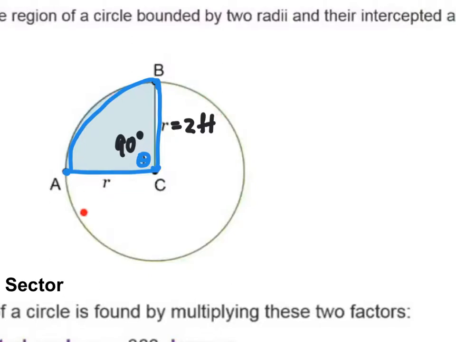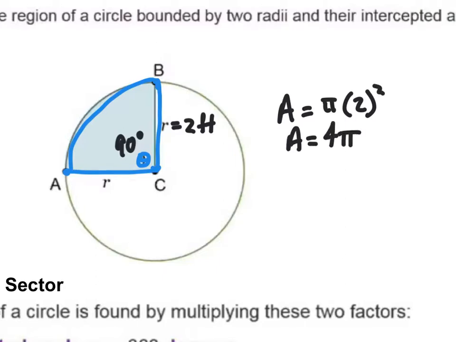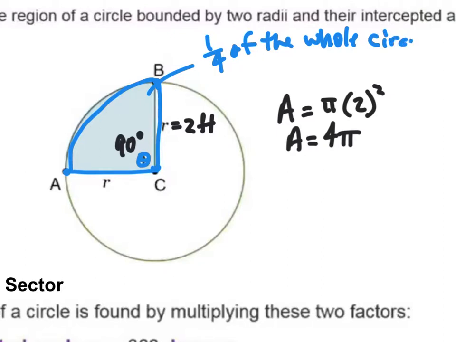To find the area, I would take the area of the entire circle. My area would be pi times 2 squared, so the area of the whole circle would be 4 pi. Now, I know that my sector area is going to be 1/4, 1/4 of the whole circle. How do I know that?